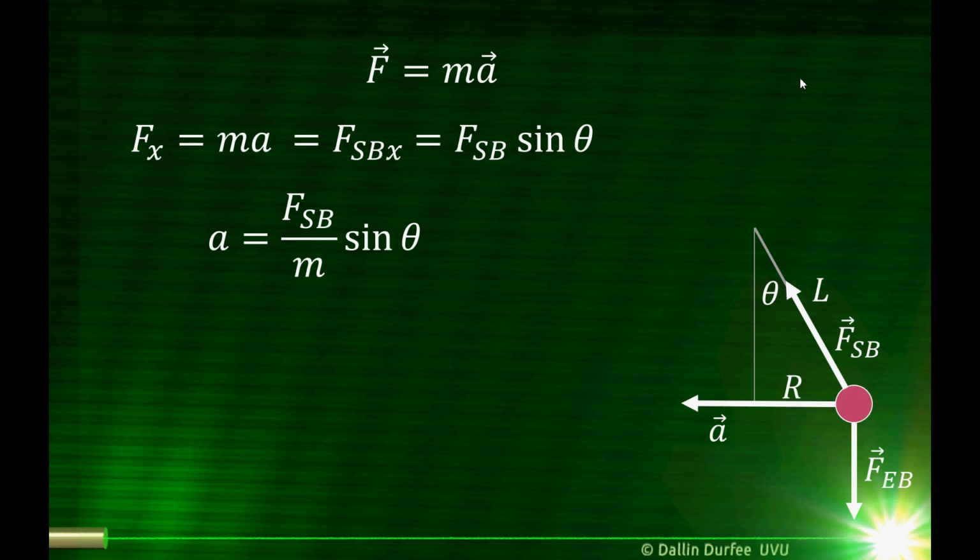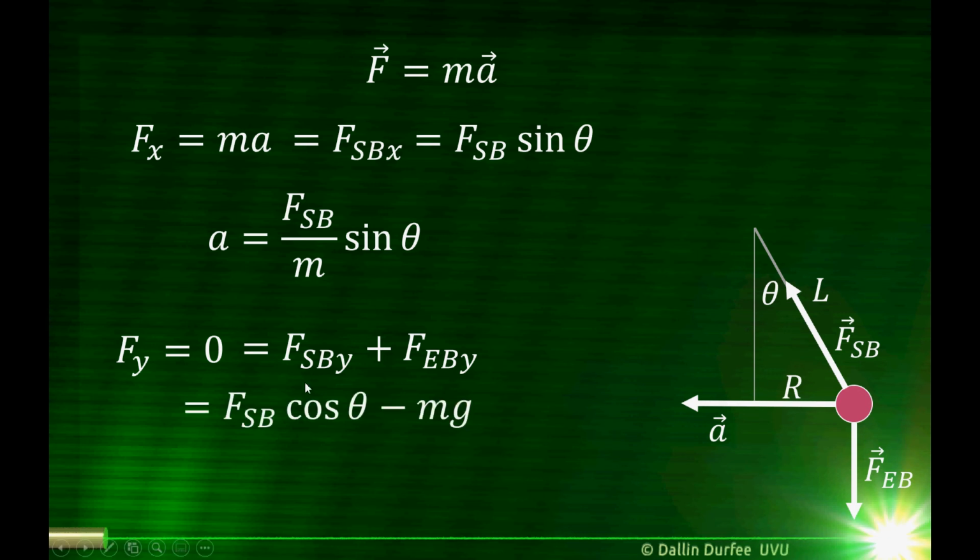But what is the force of the string on the ball? We're not given that. Well, we know that the net force in the y direction must equal 0. The force in the y direction is equal to the y component of the force of the string on the ball plus the y component of gravity, the force of the earth on the ball.